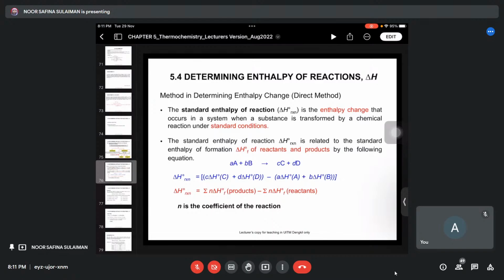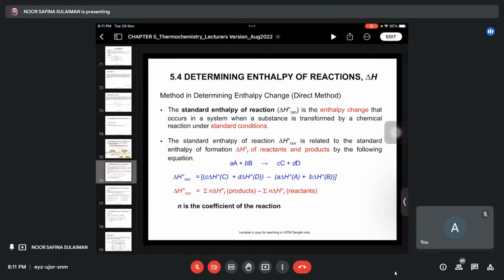So you darabkan dia, the coefficient and also the enthalpy formation of C. You tambahkan dengan coefficient product D, you multiply dengan enthalpy formation product D. Kemudian you kira pula berapa pula untuk reactants.